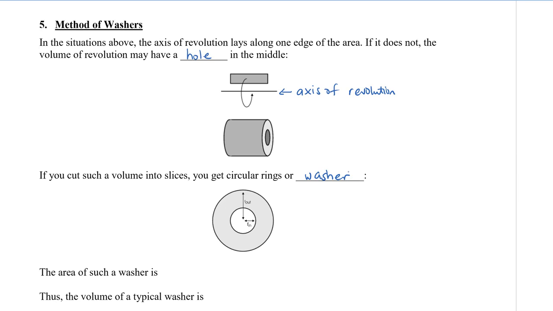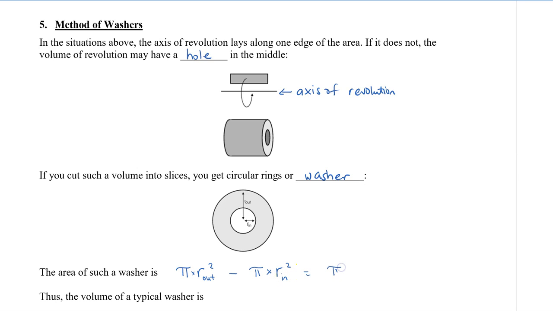Now the area of such a washer is based on the area of the outer circle minus the area of the inner circle. So we can say this is going to be pi times r squared, where r is the radius of the outside, minus pi times r squared of the inner ring.